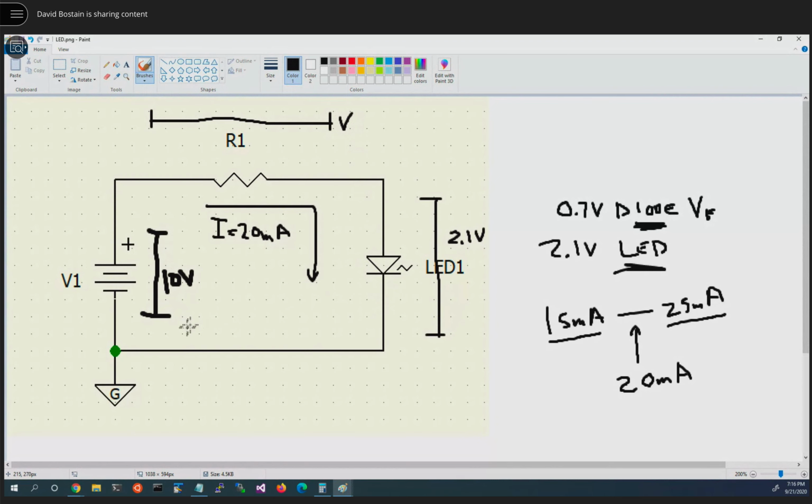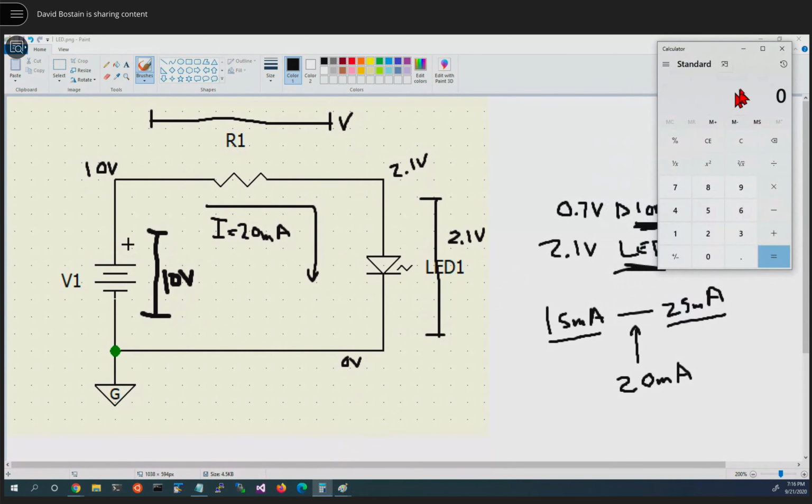So we know if this starts at 0 volts down here relative to ground, and this is a drop of 2.1 from some higher voltage over here, the voltage here has to be 2.1 volts. Now we're going to be back up to 10 volts relative to ground by the time we get here. So that looks like we need to take 10 volts minus 2.1.